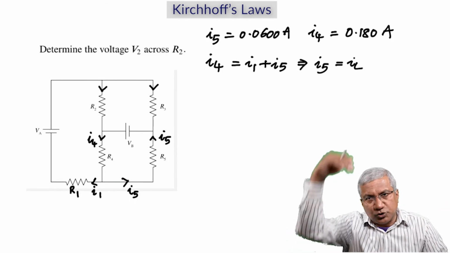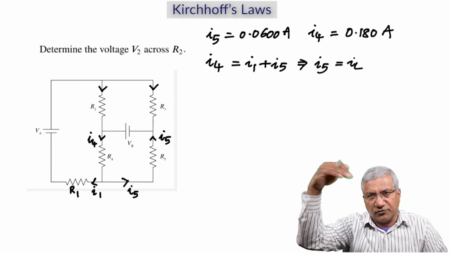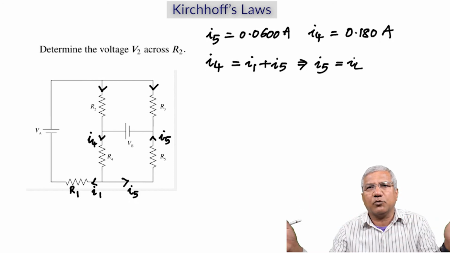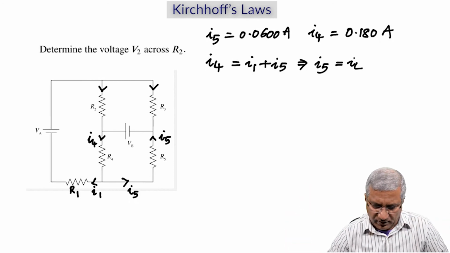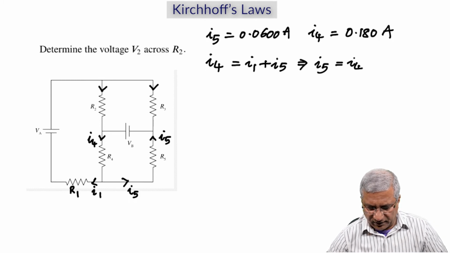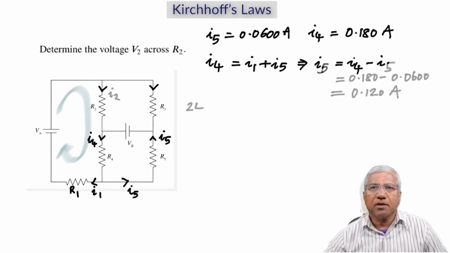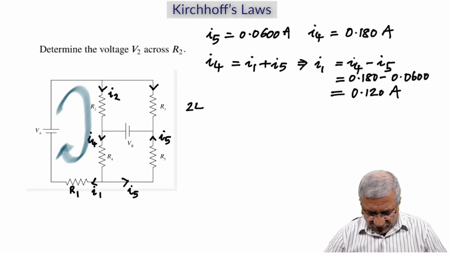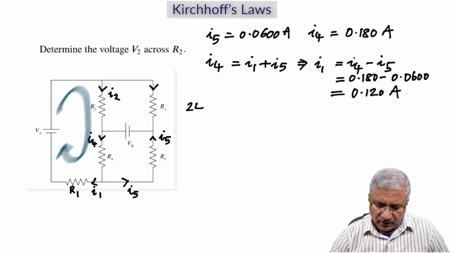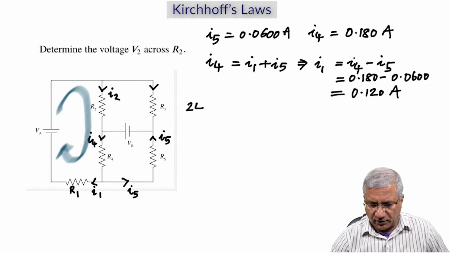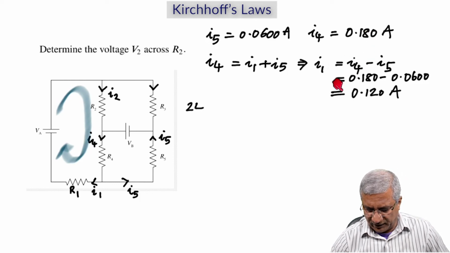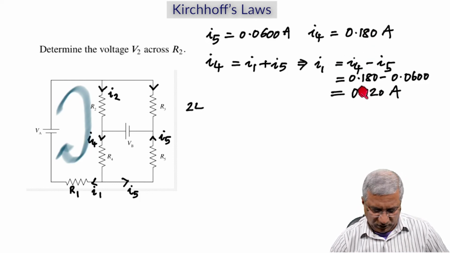So therefore, the total current coming in, which is I4, should be equal to I1 plus I5. So we're actually looking for I1, so that was a mistake, so I've corrected it now. I1 is I4 minus I5, so we got the value of I1.